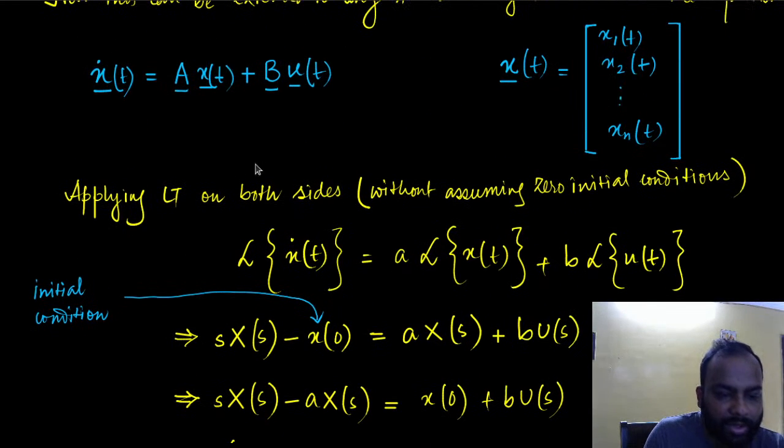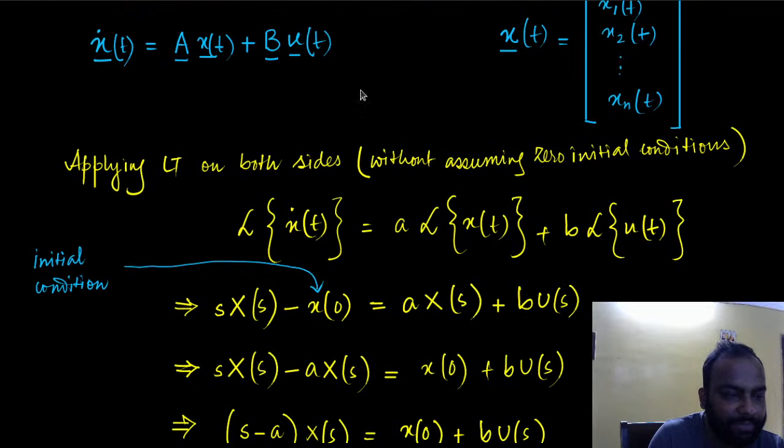Now we are applying Laplace transform on both sides, without assuming zero initial conditions, right? So here we are just modifying this because we are applying Laplace transform on this equation. So this is going to become like that. See, there are hardly any modifications.